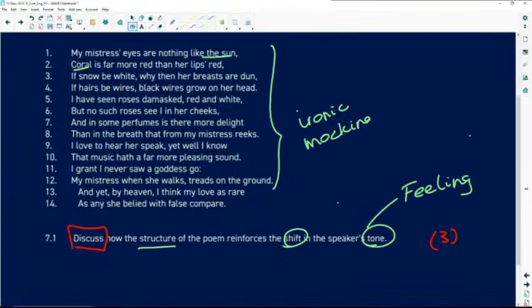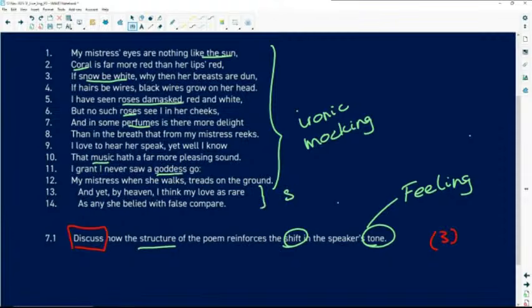But I argue very strongly, he's not mocking her. He's mocking the traditional images that poets use to describe the woman, and he says, my girl is just human.